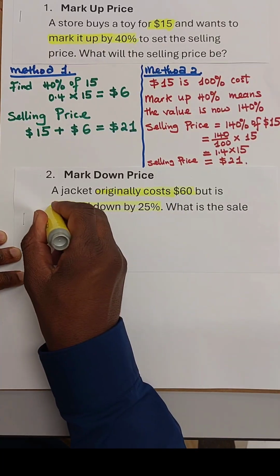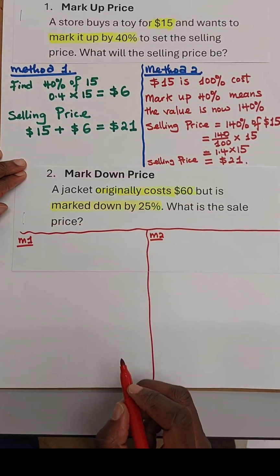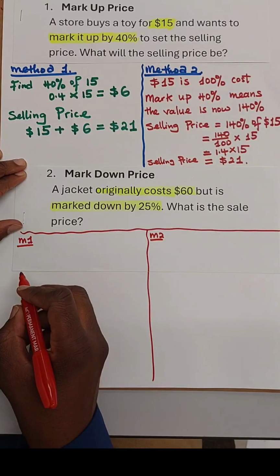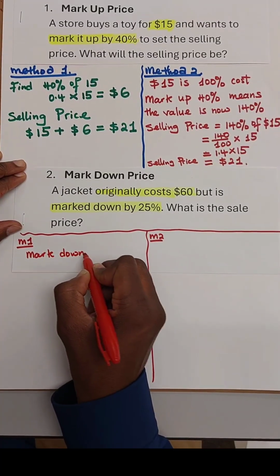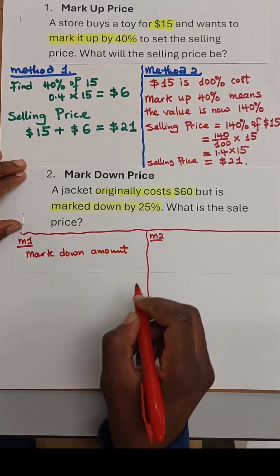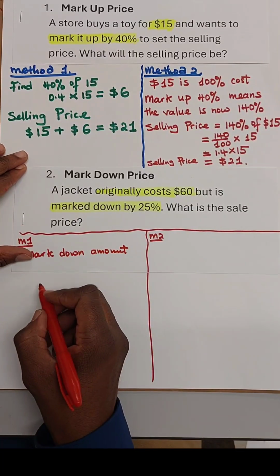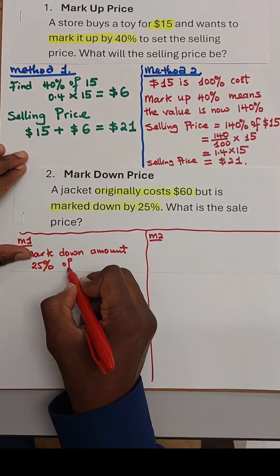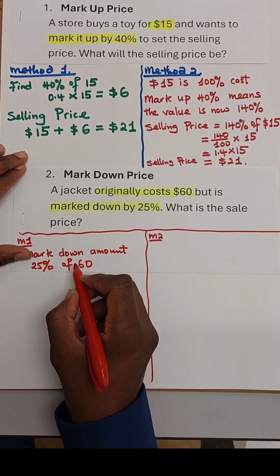We will use two methods again to solve. For method one, we will find 25% of $60. Let's mark down amount. How much is it marked down? It is marked down by 25% of $60.